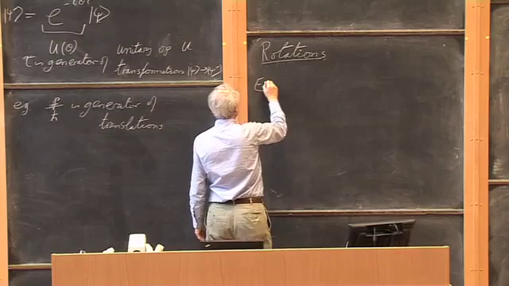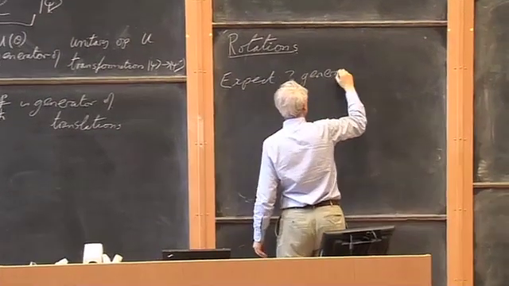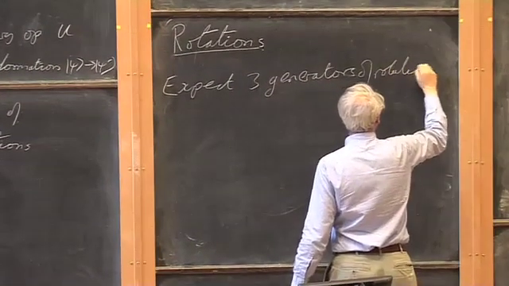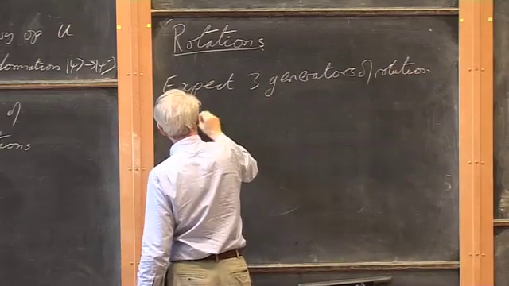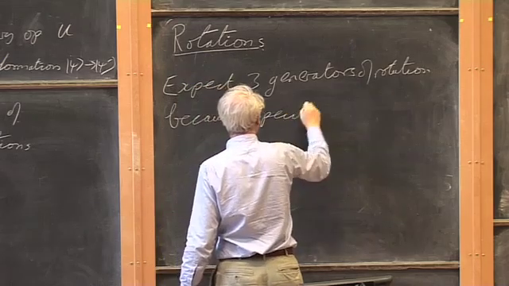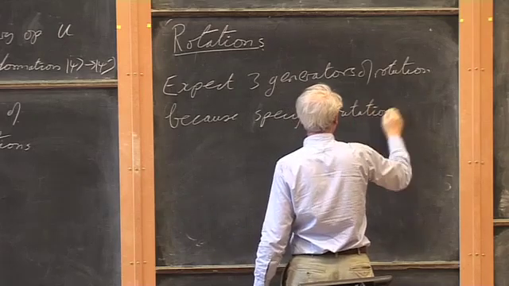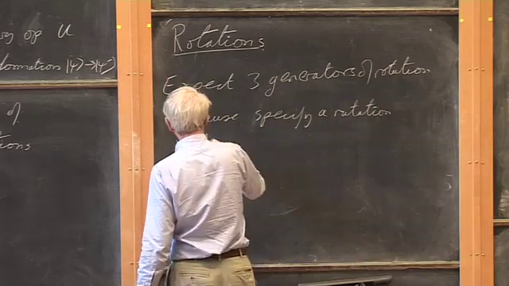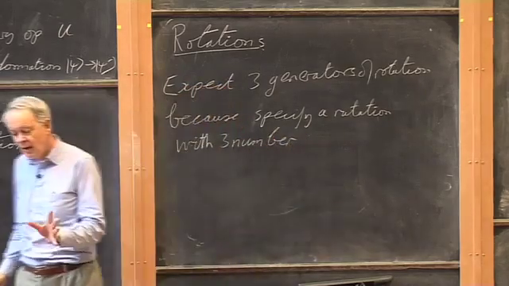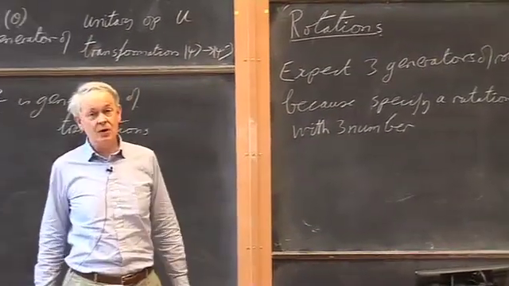So we expect three generators of rotation because we specify a rotation with three numbers. Now, there are many ways, just as there are many sets of three numbers I can use to specify a translation, because I can orient my x, y, and z axes in any which way I like.